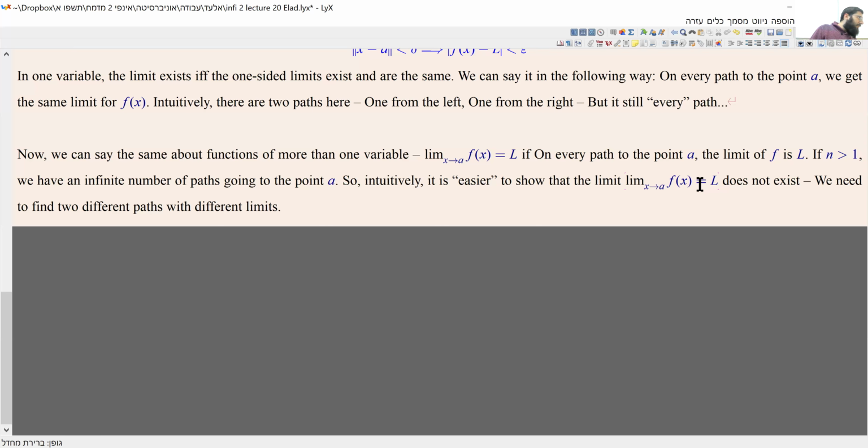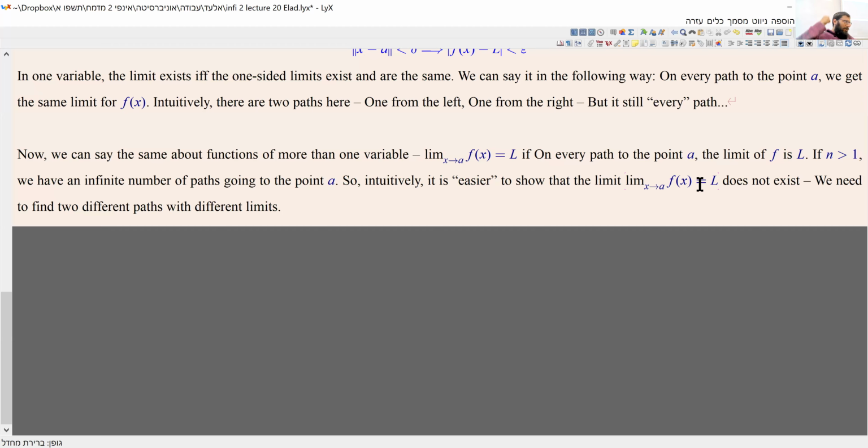On the other hand, it should be harder, tougher, more difficult to prove that the limit does exist, because I need to consider infinite number of paths to the point and not just two, the left-sided and right-sided. So, what I want to discuss here, as I mentioned very technically, is how do we show that the limit does not exist?